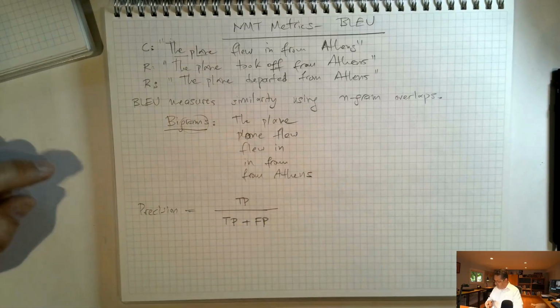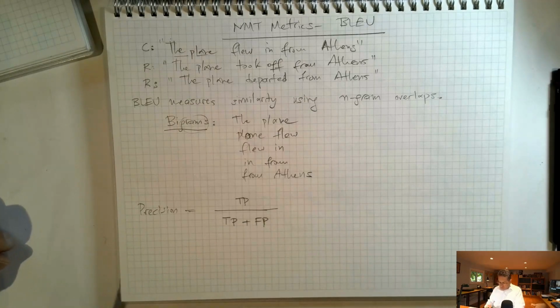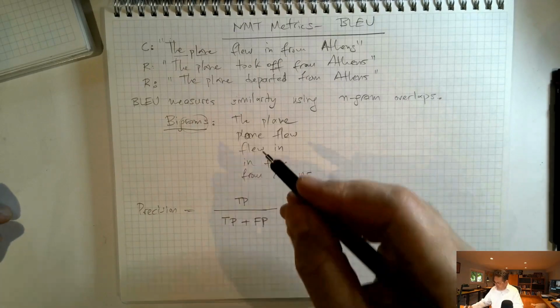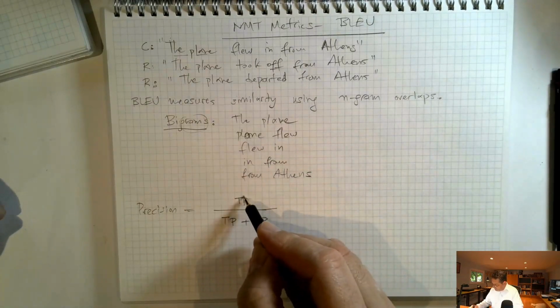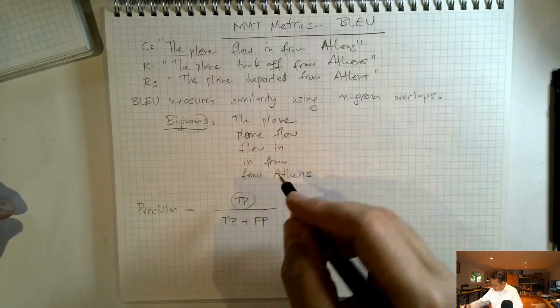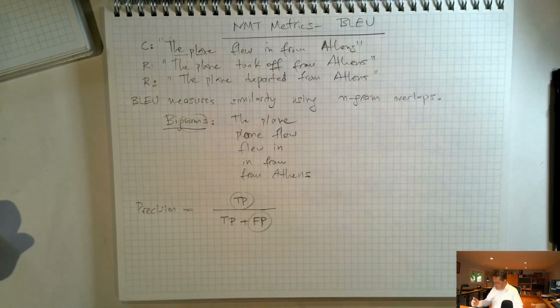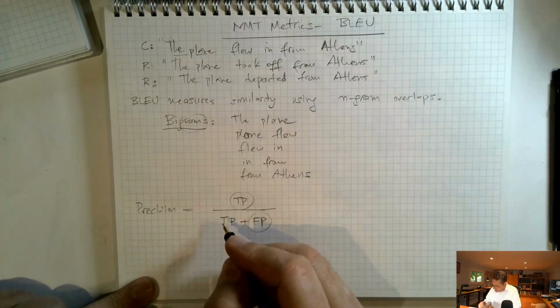Okay, so in order for us to understand what BLEU represents, we are going to need to translate something to correspond to true positives, and something else to correspond to false positive events. We have to count events to create this precision metric.